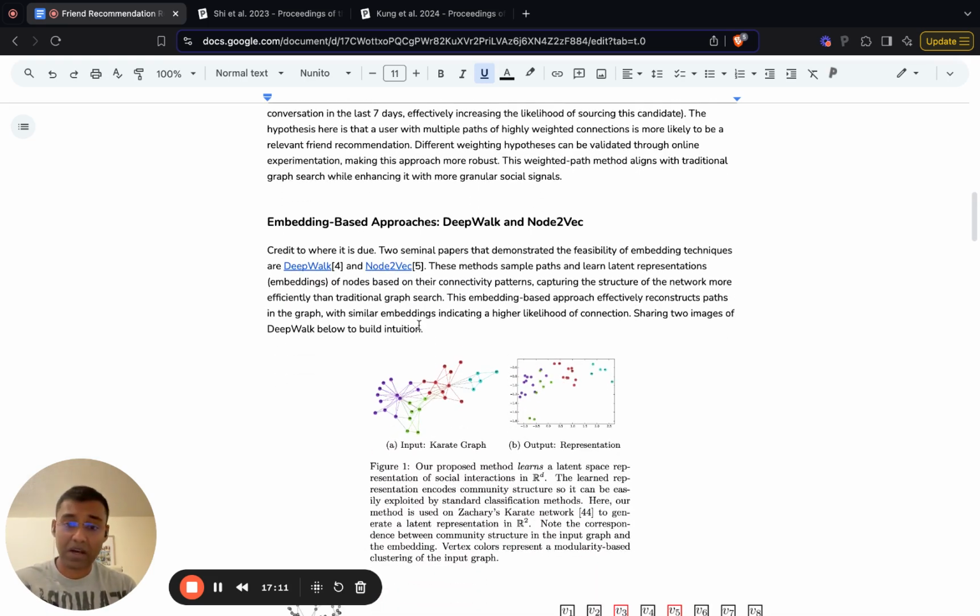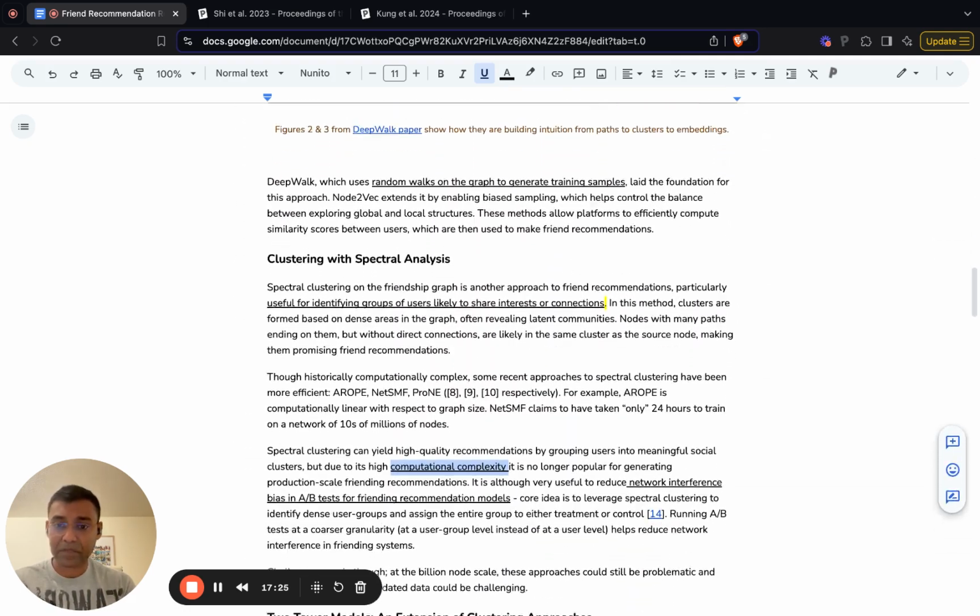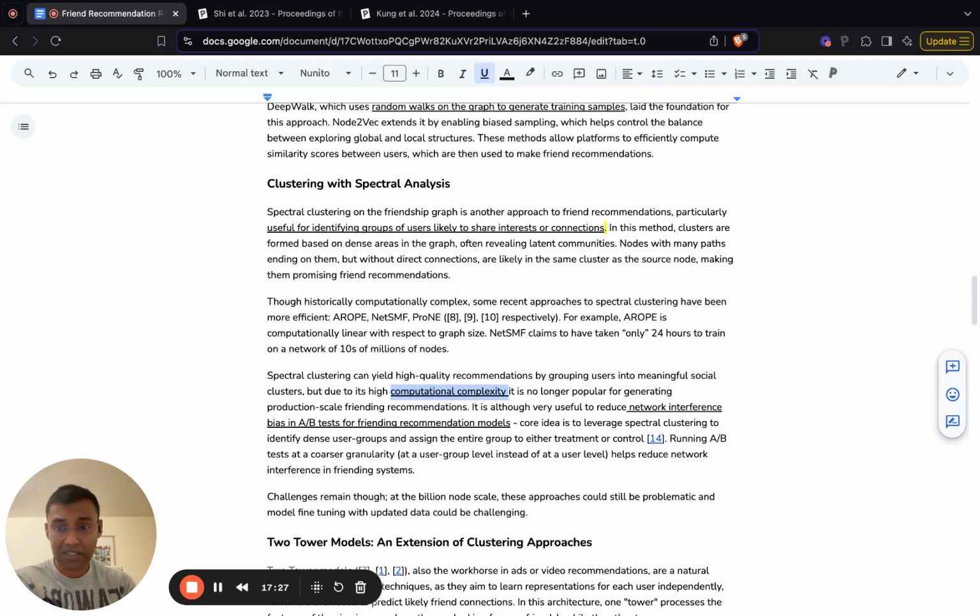And then we talked about how to step into embedding-based retrieval by taking the source and destination of these graph walks as training data, and then learning embeddings from it. And then we talked about clusters, where we are trying to find social clusters from the social graph.